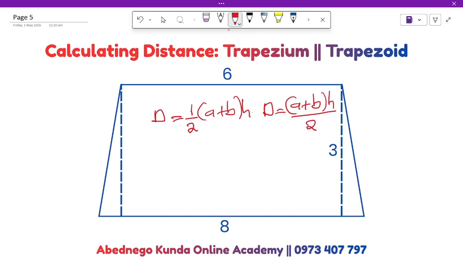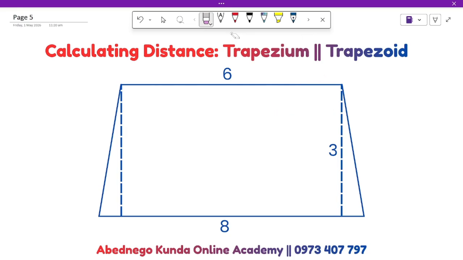It gives you everything up there, and then the 2 just comes down here. So I prefer using this one compared to this one. You can use whichever one you're comfortable with, but for me this is the one I'm going to be using in the solutions video. So I'll say distance is equal to open bracket a plus b close bracket h, then everything over 2.